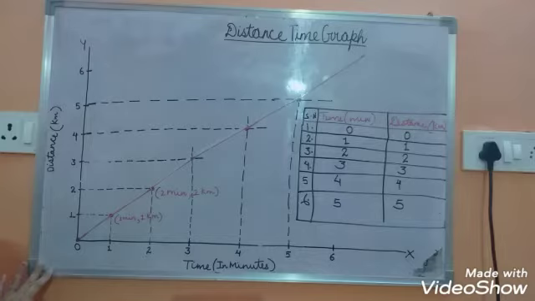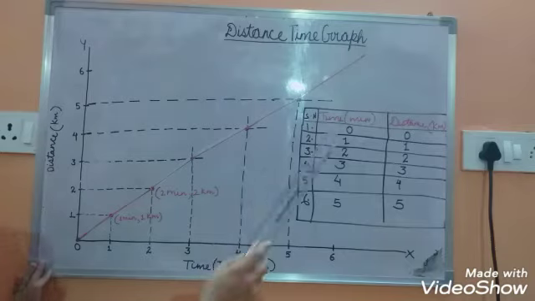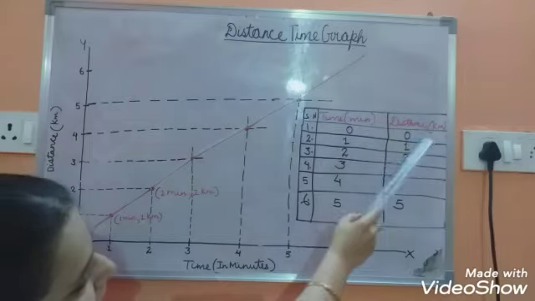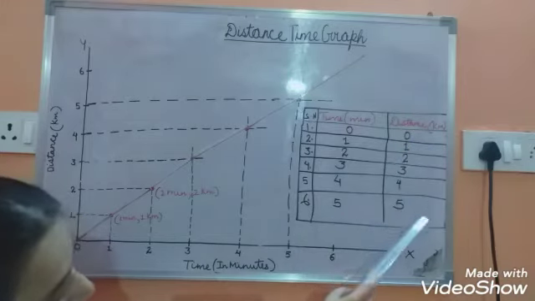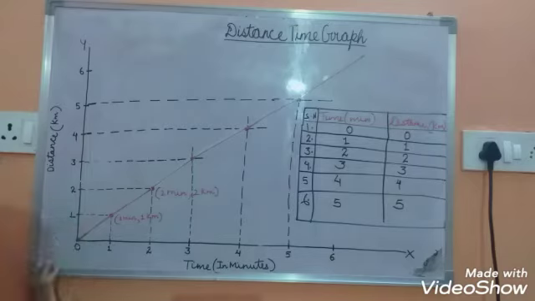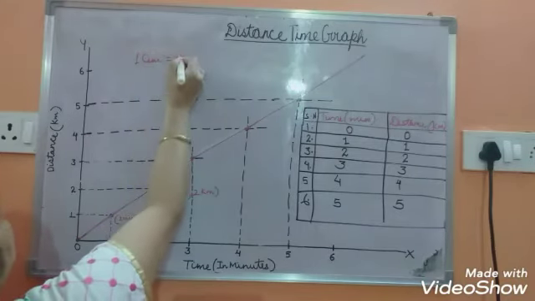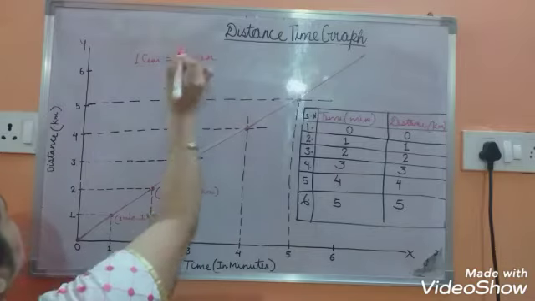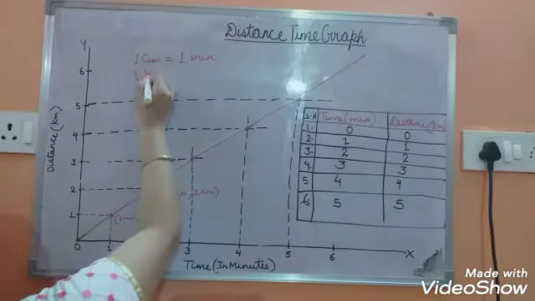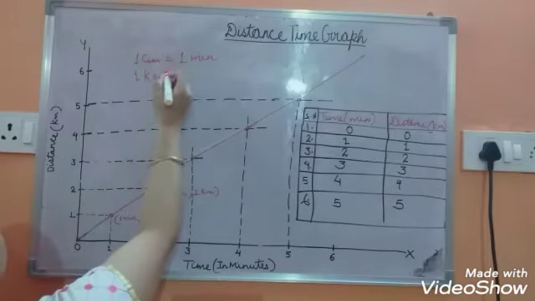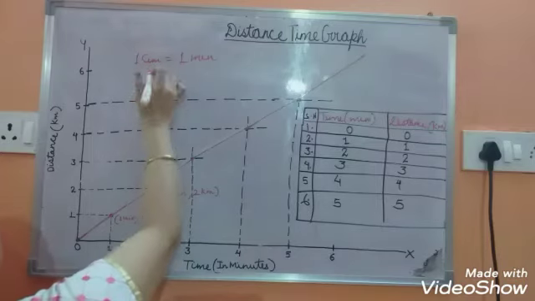Now you take a suitable scale. You can see that between the times there is a difference of 1 minute, and between the distances there is a difference of 1 kilometer. So here we will take 1 minute as 1 centimeter, and 1 kilometer as 1 centimeter.